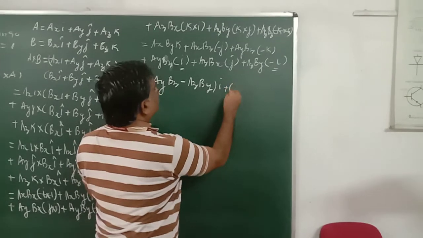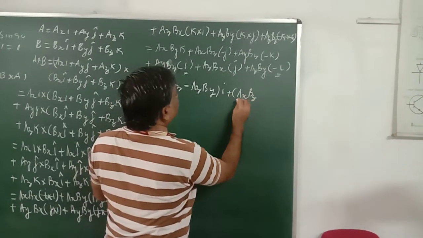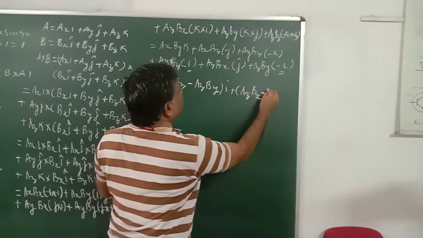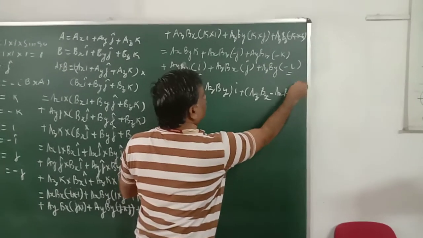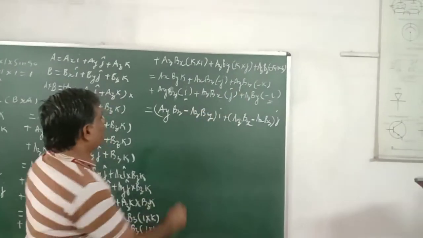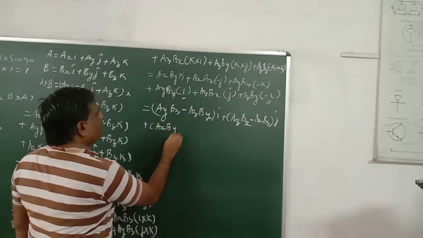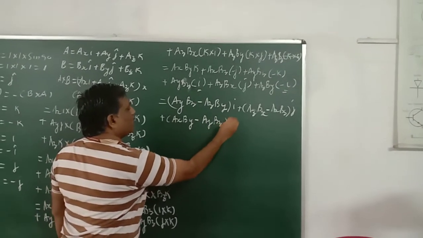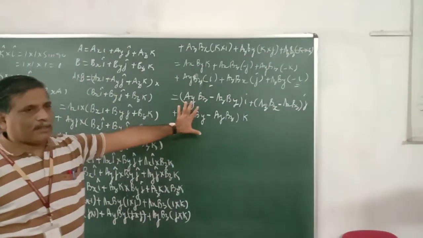Therefore plus (AZ BX minus AX BZ) j. Similarly for k, there are two terms. We can write it as plus (AX BY minus AY BX) k. So this is the final product.